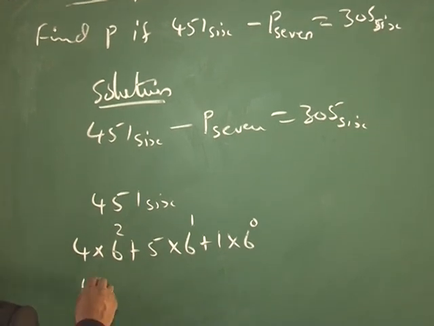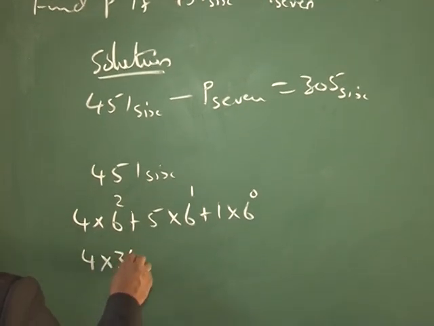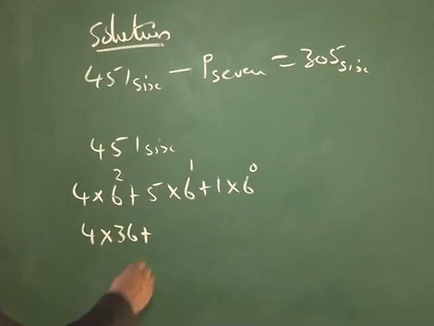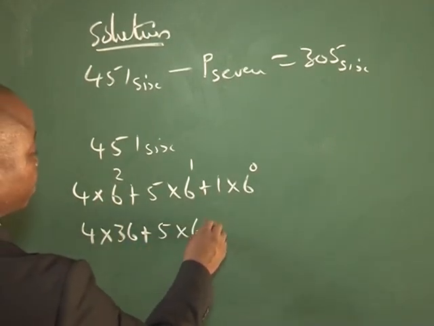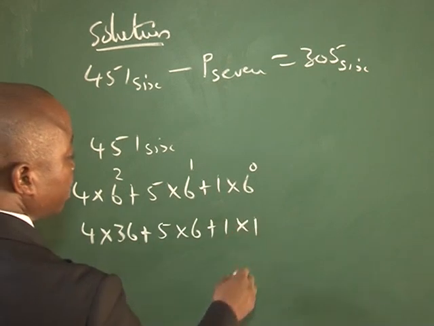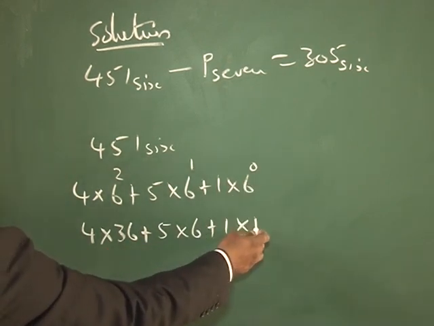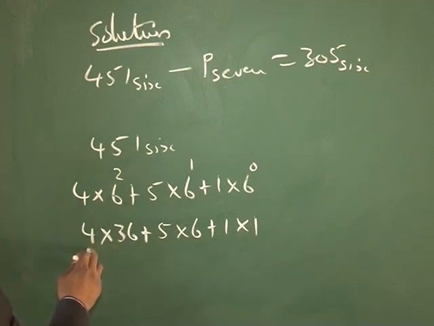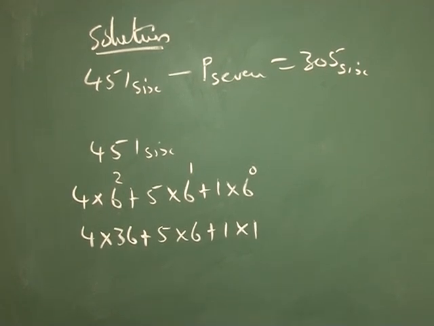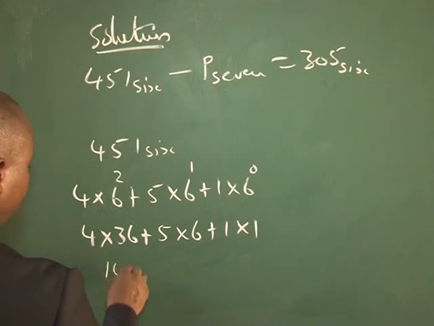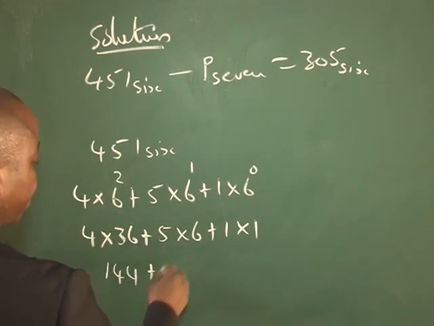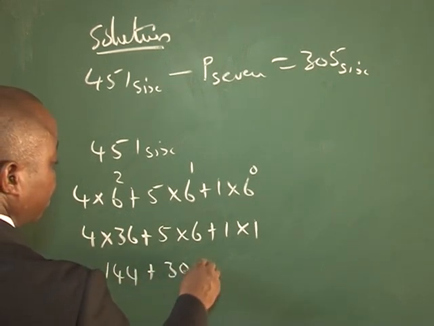Then we have 4 times 36, that is 6 square, plus 5 times 6 plus 1 times 1, because anything raised to 0 is 1. 36 times 4 give us 144 plus 5 times 6 is 30.